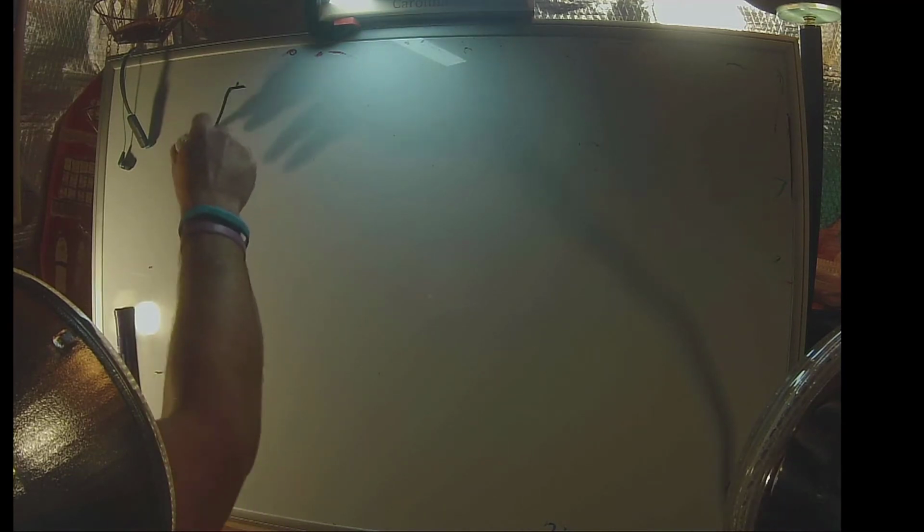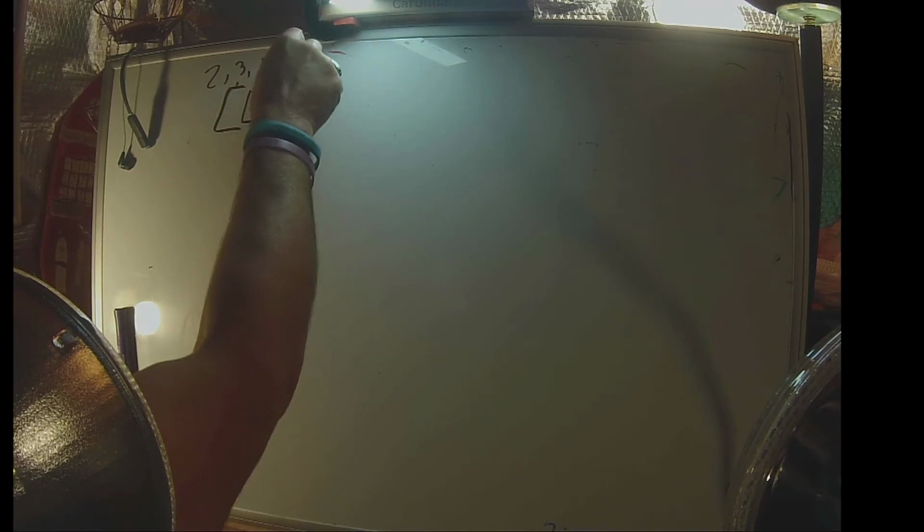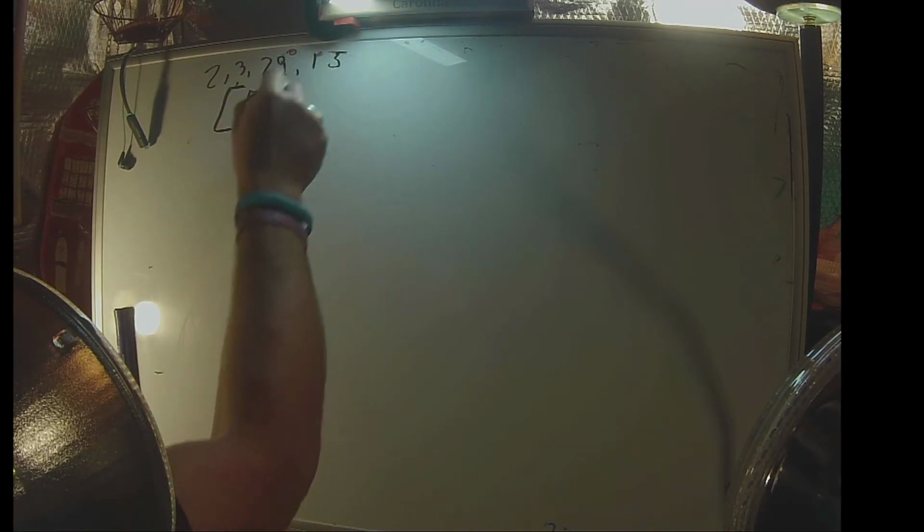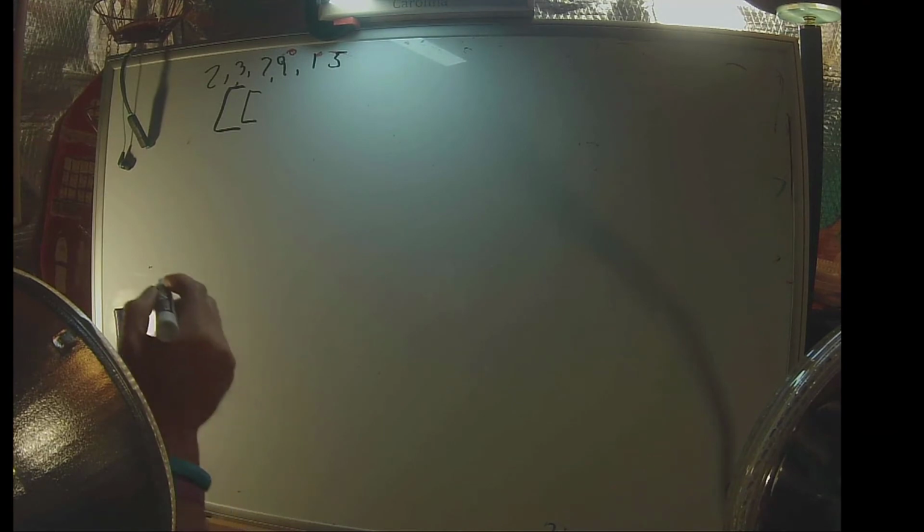So we start out and we create a list. I'm going to say our original list is 2, 3, 7, 9, 1, 5. That's 6 elements, that'll be good enough.